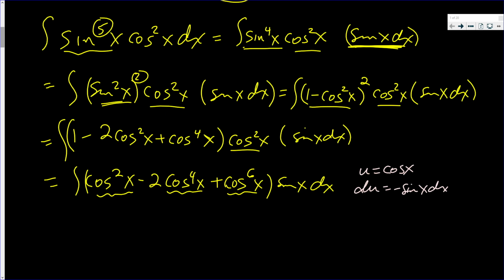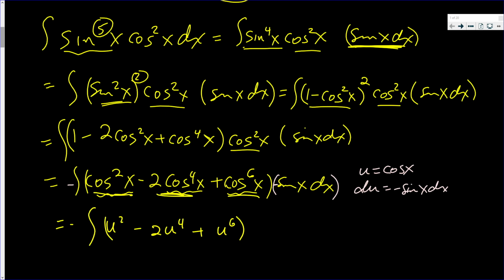So I'm going to sneak in the minus sign, and I'm going to have to bring a minus out in front. Now there's a minus in front. So this is u squared minus 2u to the 4th plus u to the 6th times du. In fact, let me distribute the minus in front.